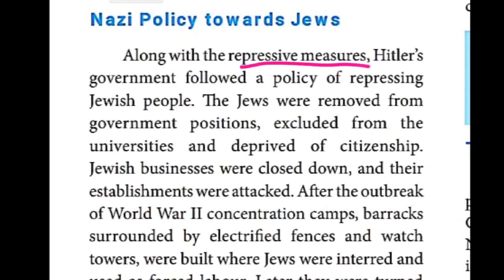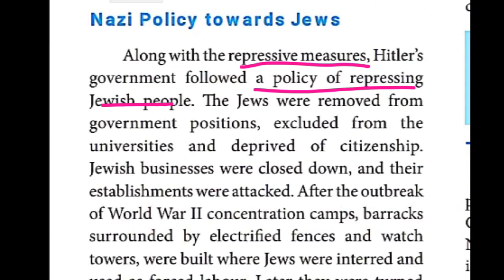Along with the repressive measures, Hitler's government followed a policy of repressing Jewish people. The Nazi party's policies were against the Jewish people.